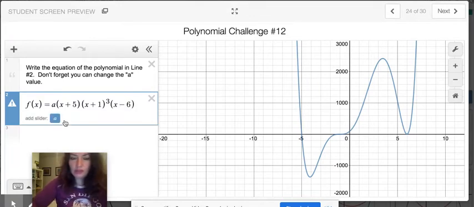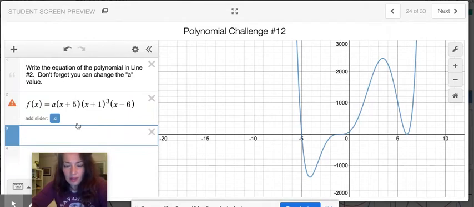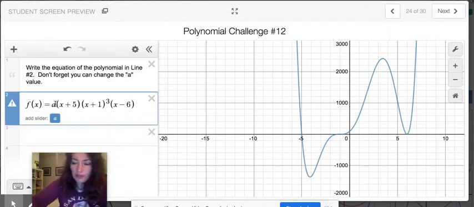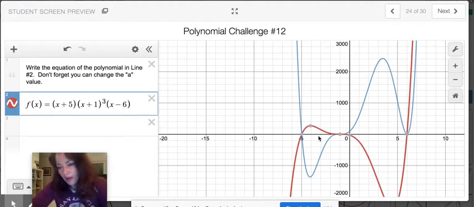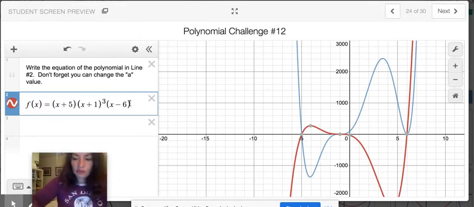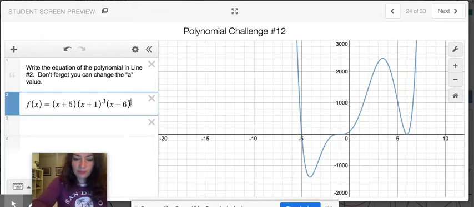So if we take a look at that, let me remove the a value here so we could see the graph. All right, so far the graph obviously is not matching, so we need to change the a value. And I forgot to put a bounce here, so at x minus 6, I'm going to raise it to the second power.